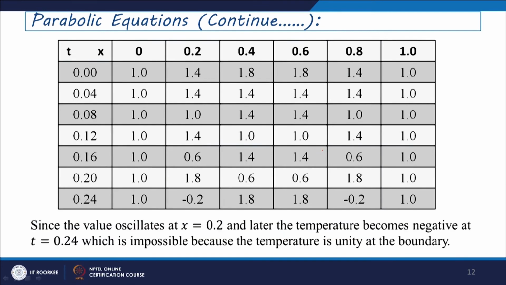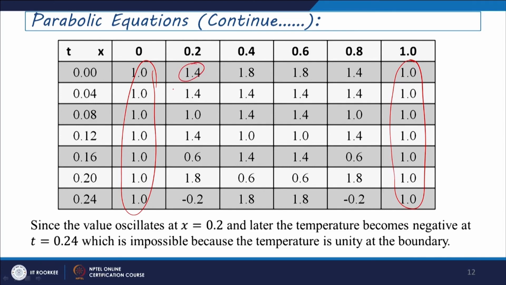then we can find that whenever we apply these conditions, along the boundaries we have 1.0, 1.0, 1.0, all these boundary conditions are there. But if we compute these values at the 0.2 level, it gives you 1.4.